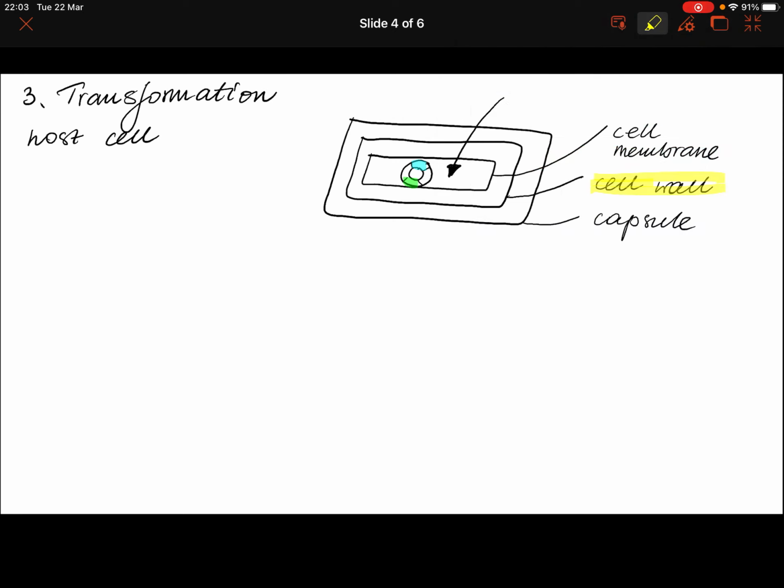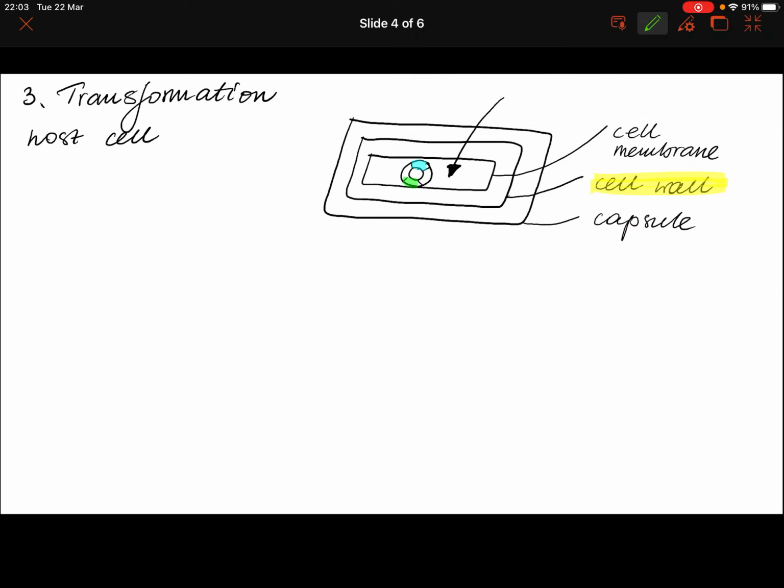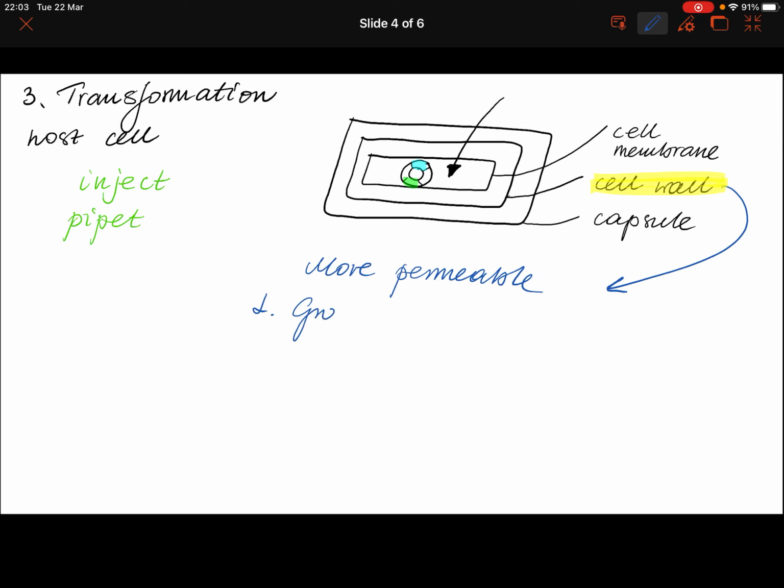So how do I overcome the biggest problem, which is the cell wall? Well, I need to make the cell wall more permeable to allow my plasmid to be injected. Or I could say transfer with the pipette. So how am I going to do it? How can the membrane, the cell wall, become more permeable? So there are two processes that need to take place.